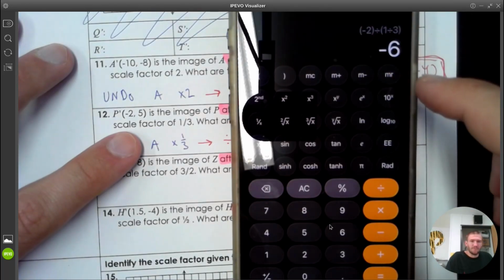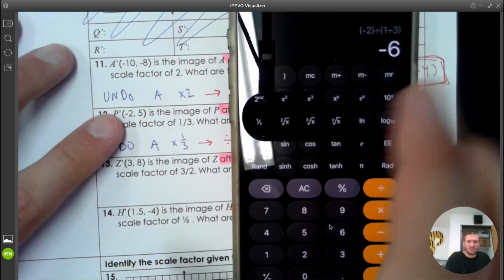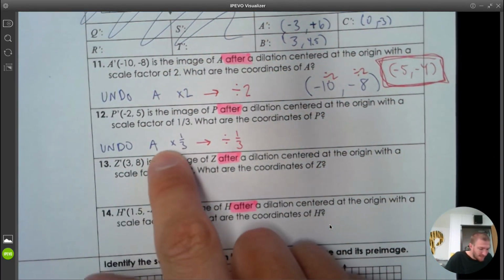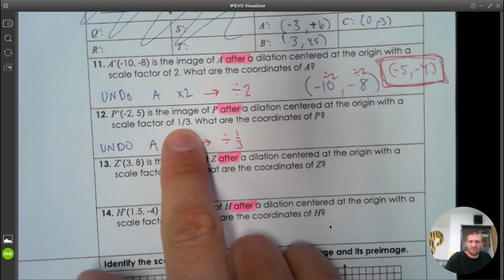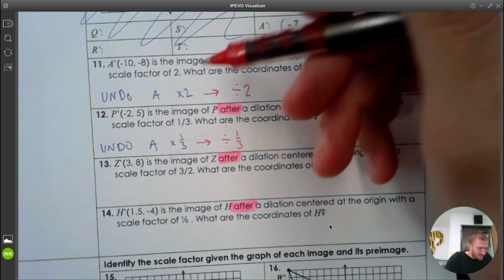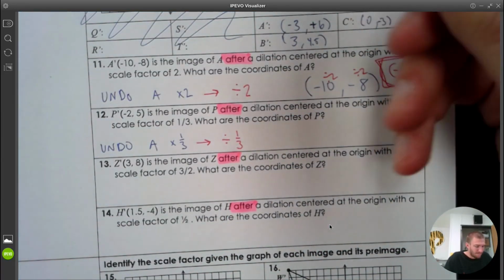Now hopefully you feel pretty good that the -6 is the right answer. Our job here is that we're trying to do the opposite. So it looks like what we did with the scale factor of 1/3 is that we shrunk. And so we want to unshrink. We want to get bigger. If the scale factor is 1/3 and you're trying to undo it, okay?